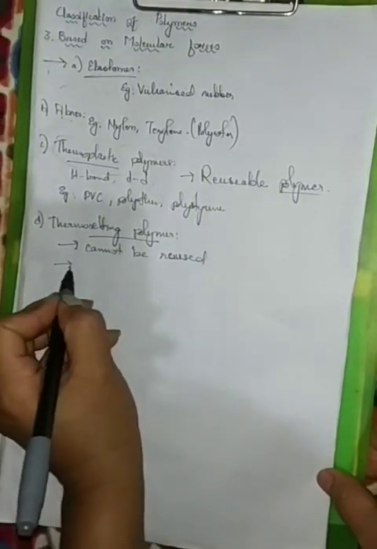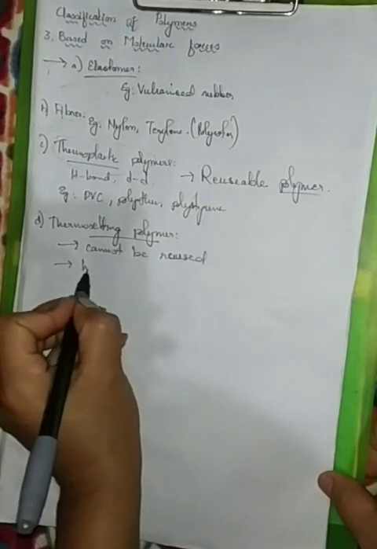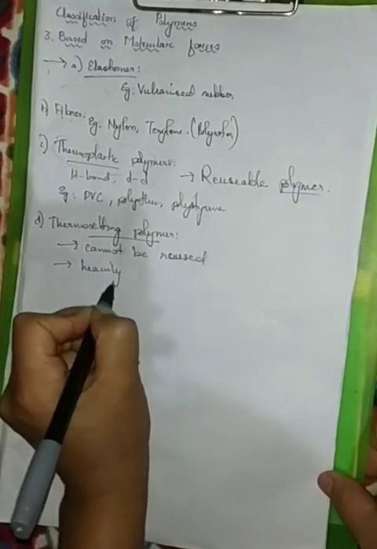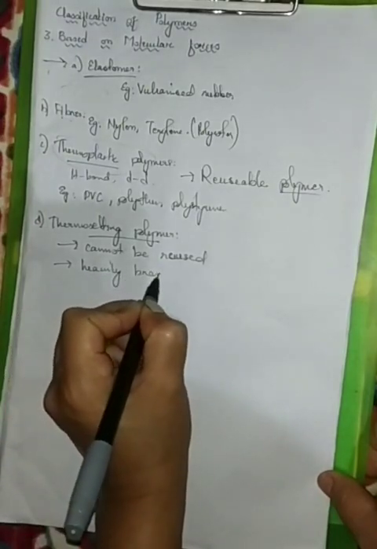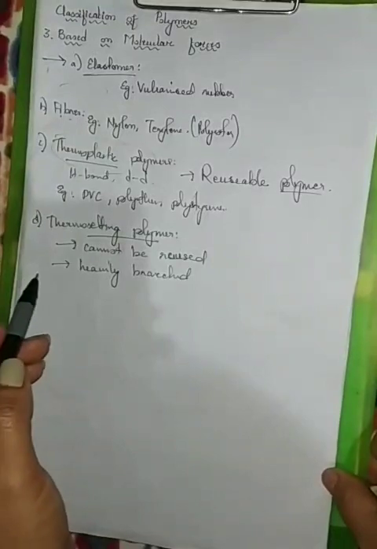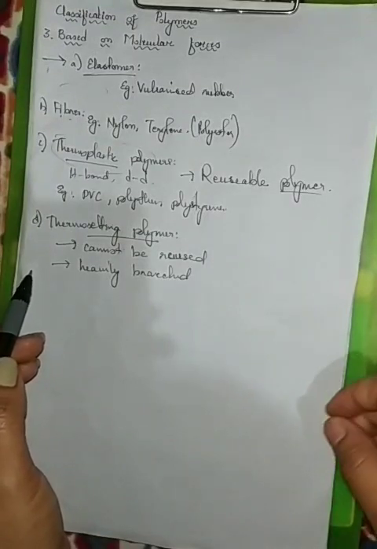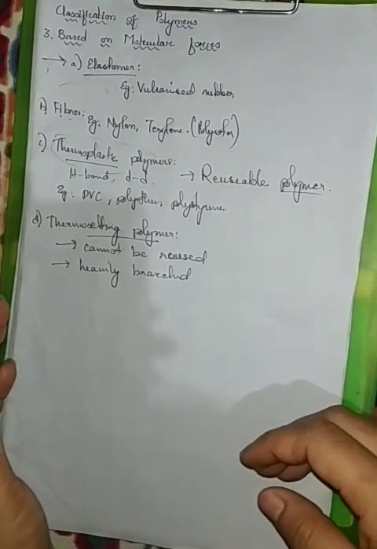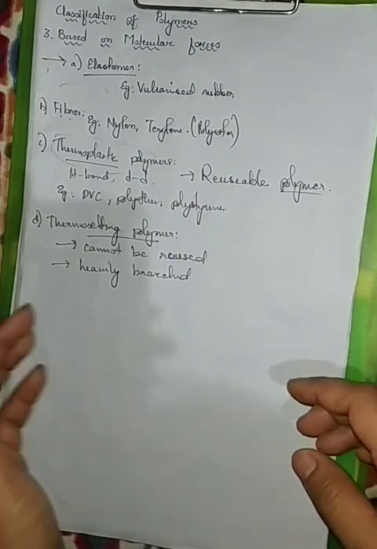They have cross-links, or heavily branched molecules or chains are present in thermosetting polymers. Therefore, they cannot be reused. They have a three-dimensional structure because the branched chains are cross-linked to form a three-dimensional structure.